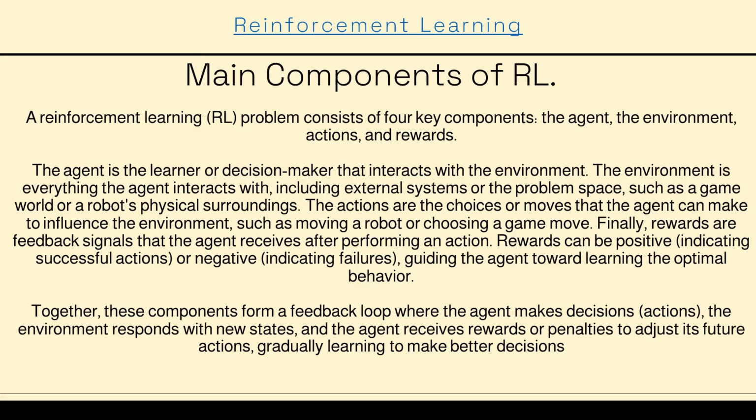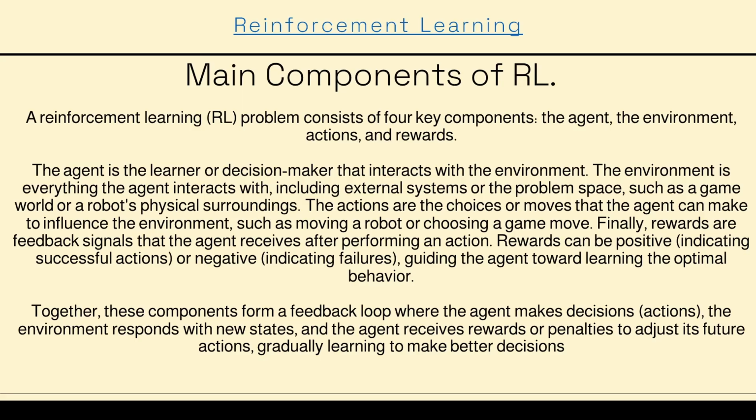Together, these components form a feedback loop where the agent makes decisions or actions, the environment responds with new states, and the agent receives rewards or penalties to adjust future actions, gradually learning to make better decisions. It's like a loop where the agent makes a decision first, and according to the action, it receives feedback, either a penalty or a reward.